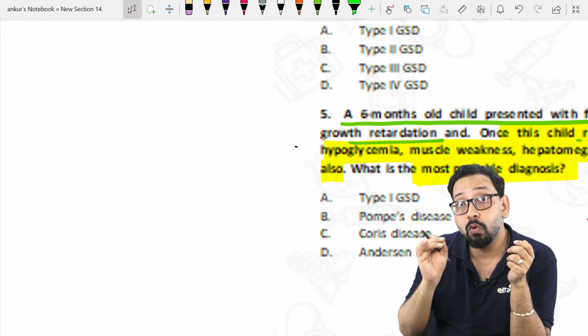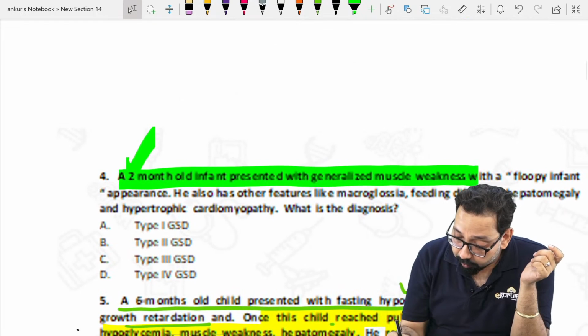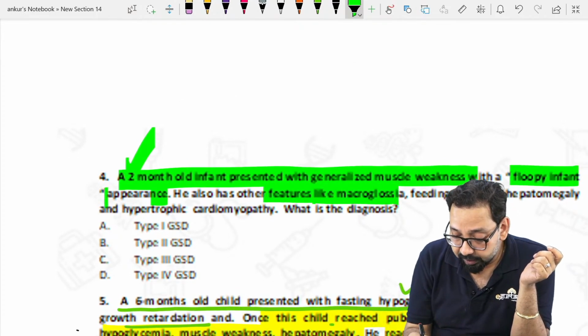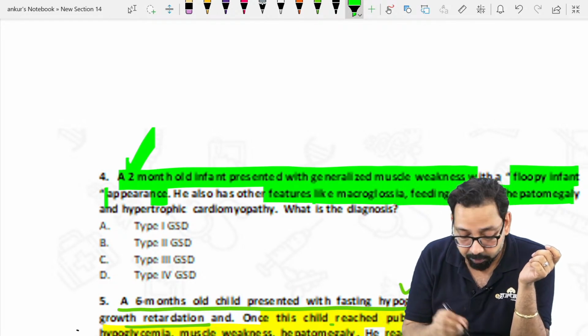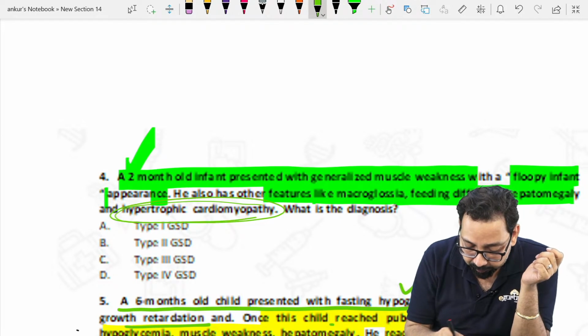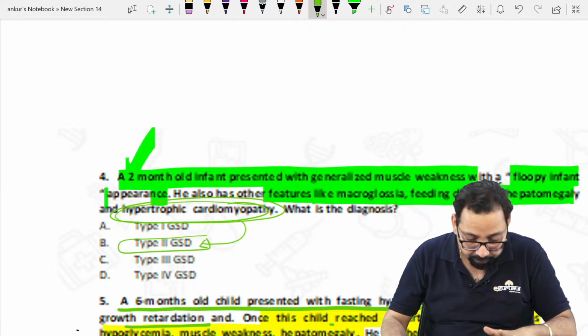Symptoms occur promptly, meaning early. Floppy infant appearance, he also has features like macroglossia, feeding difficulty, hepatomegaly. The catching point is hypertrophic cardiomyopathy: type 2 glycogen storage disease, Pompe's disease. Clear? Yes, very good.